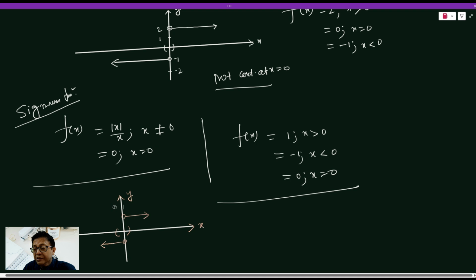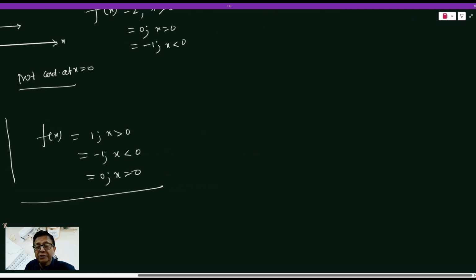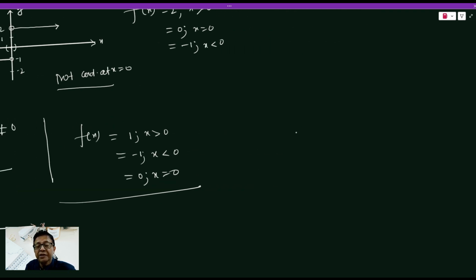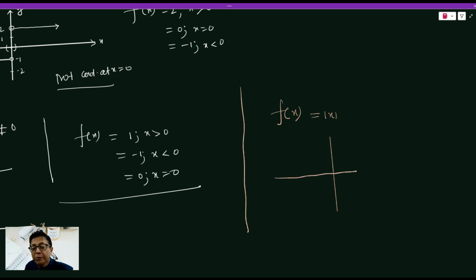If I try to draw the graph of this function, say f(x) equal to mod x, then graph of function will be what? As you are habituated with the graph of this function, I am plotting this thing first.